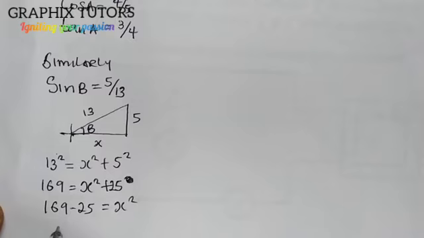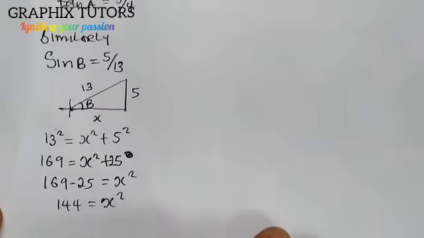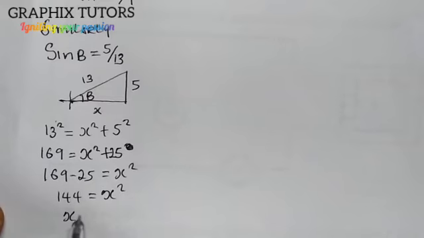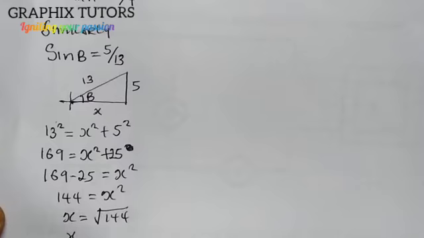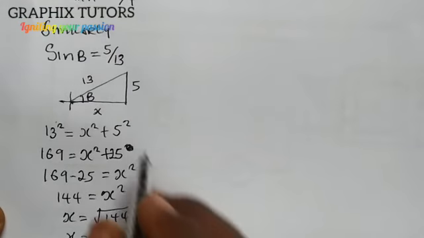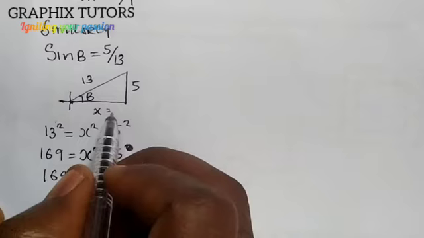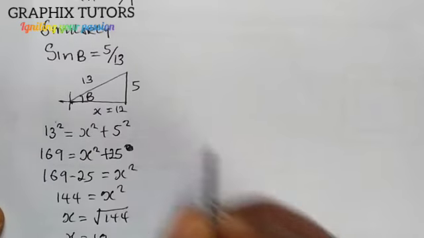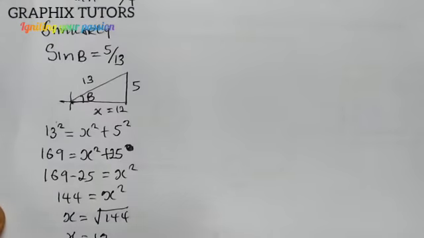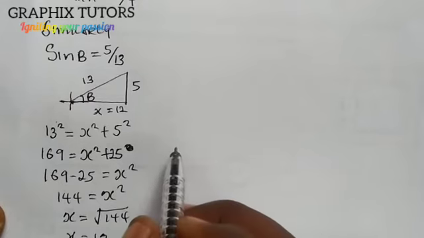So 169 minus 25 will give us 144 equals x squared. So x will now be the square root of 144, meaning our x is equal to 12, right? Our x now is given as 12.